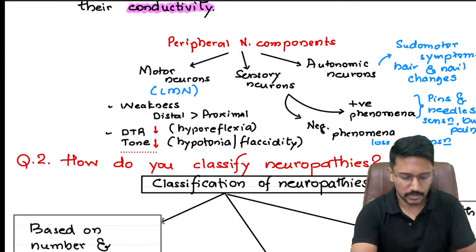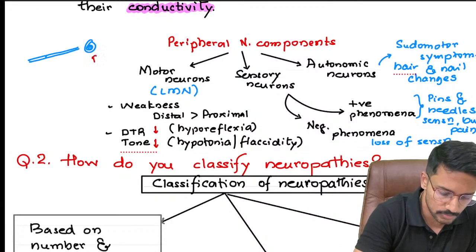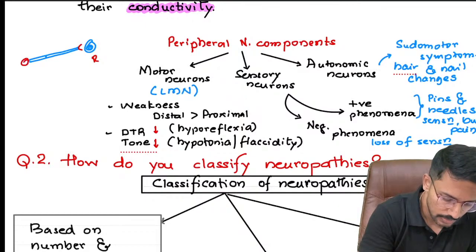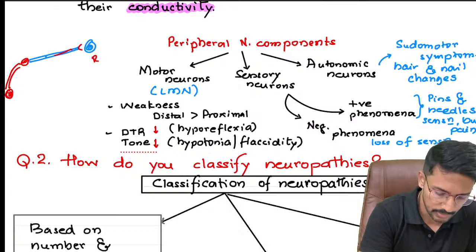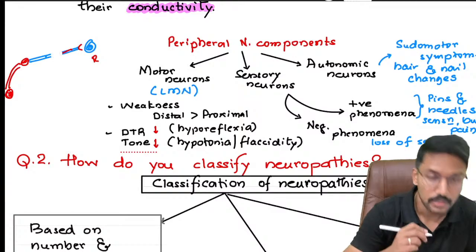But let me give you an example. Let me say that this is one neuron which is picking some information from the sensory receptor. Think that this is a receptor, and from here it is picking the information, and then it passes that information on to the next neuron. But what I have done here is cause some damage to this neuron.